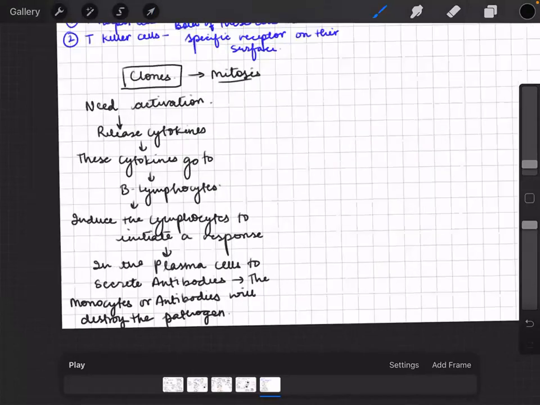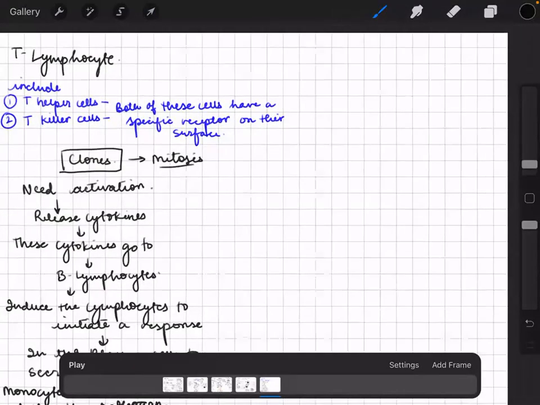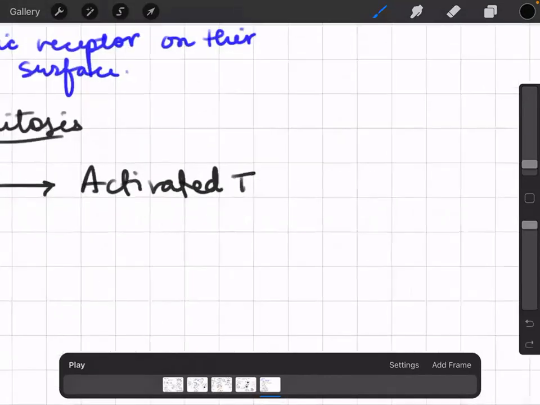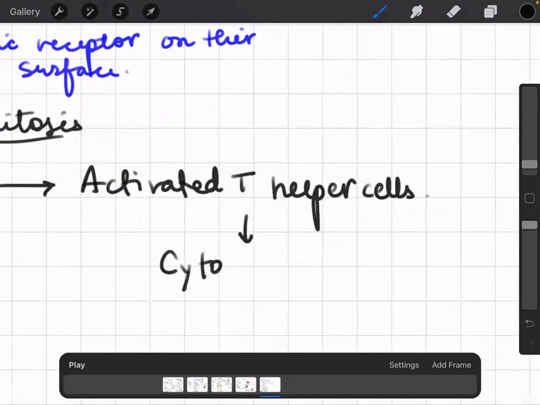Okay, once this has already started, your activated T lymphocytes, so we are going to write over here, activated T lymphocytes will also have T helper cells. What these T helper cells will do, they will start to release certain cytokines like we spoke of.